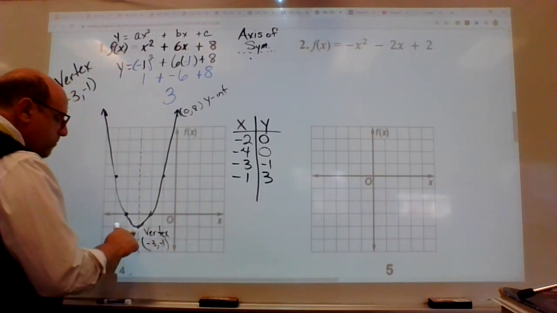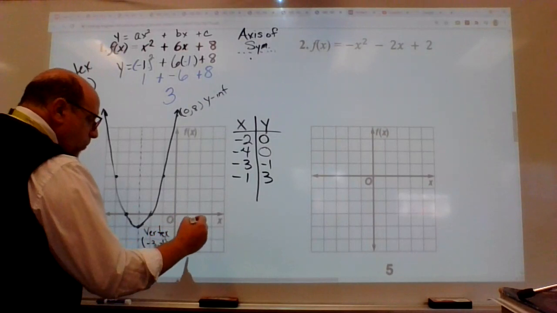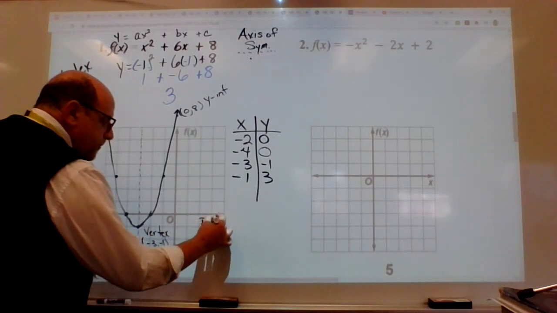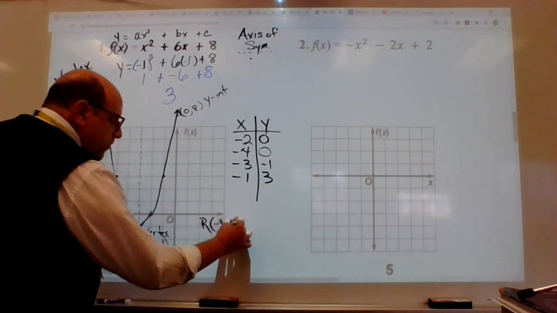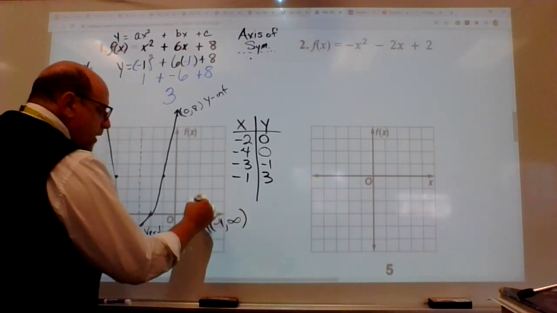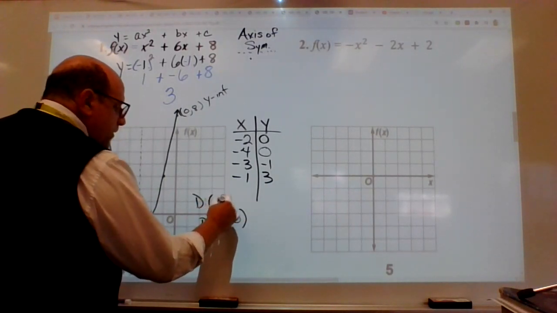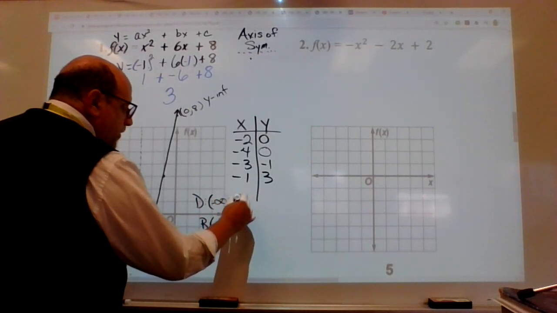Okay, so its minimum is where that range would start. So we have a range of -1 to infinity. And of course, like I told you before, the domain is negative infinity to positive infinity.